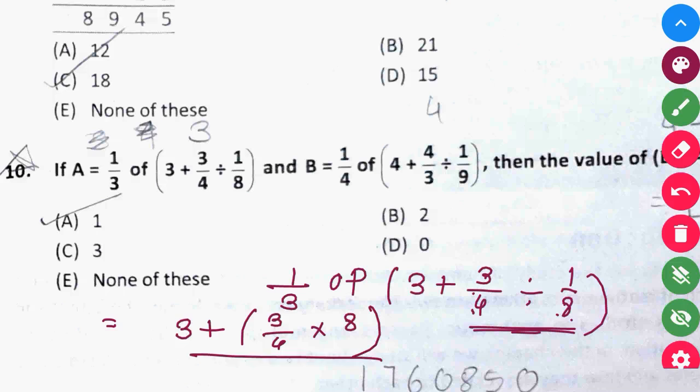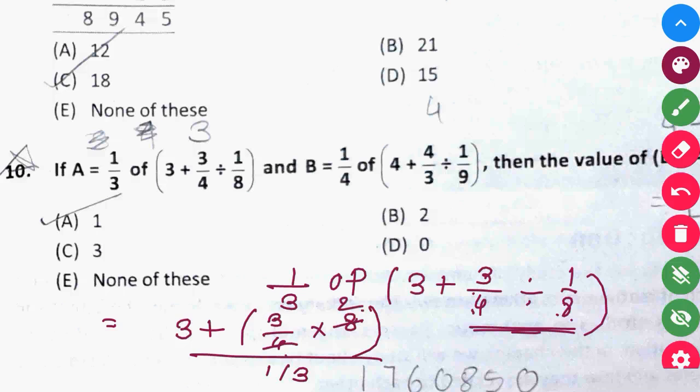Reverse operation we can do upon 1 by 3. 4 2s are 8.